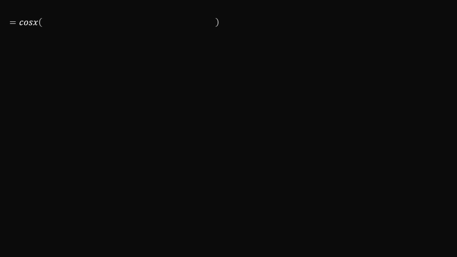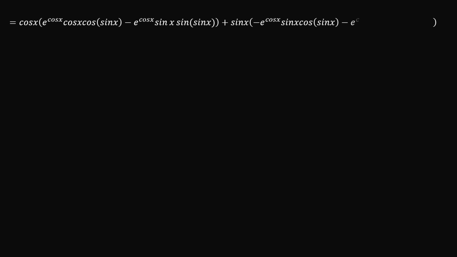So the expression from the previous step now allows us to do a couple of things. The first thing that we can do is look at this first term here. This first term is the same as e to the power cosine x times the derivative of sine x.